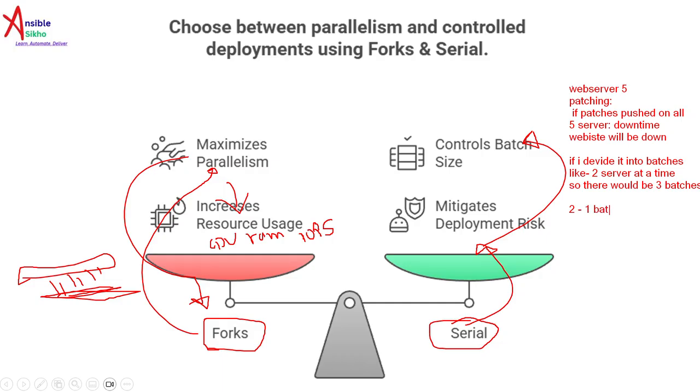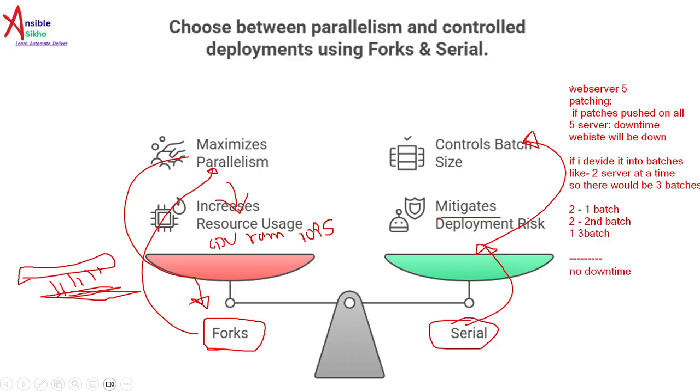One batch, second batch, and the third batch. So this is how I can achieve no downtime. In this way, I will achieve no downtime. This is what serial does here.